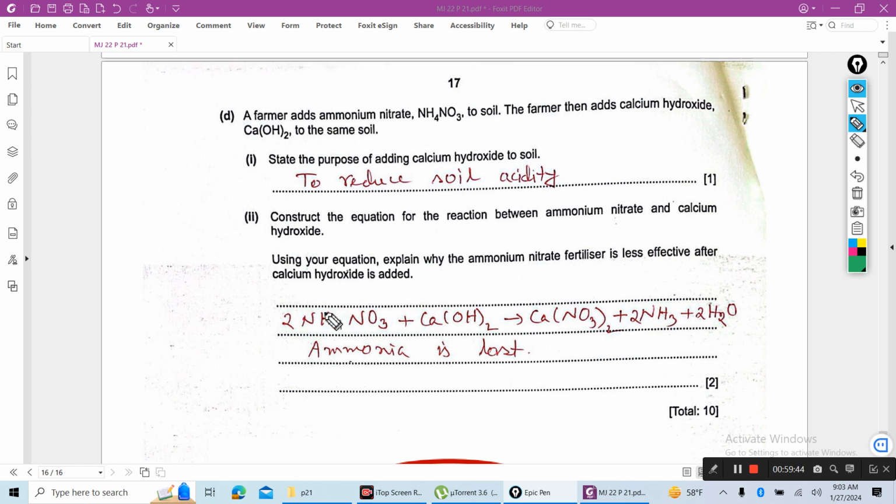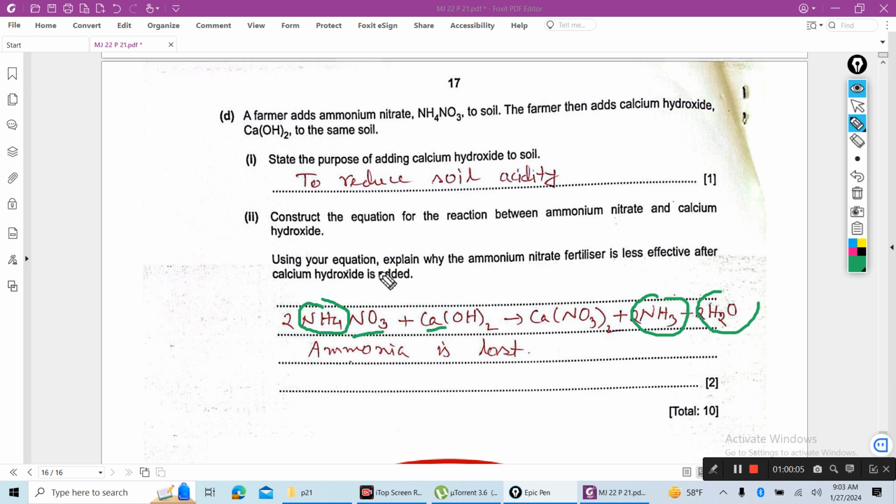Now you see the salt, calcium nitrate, and the ammonium ion breaks down to form ammonia gas plus water.